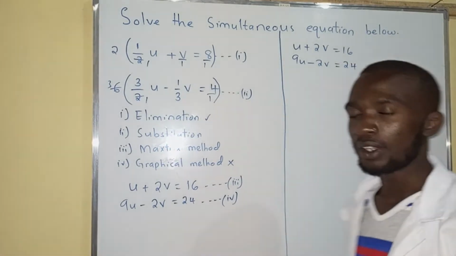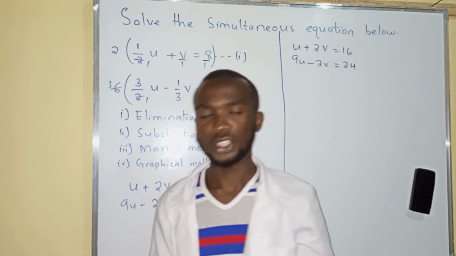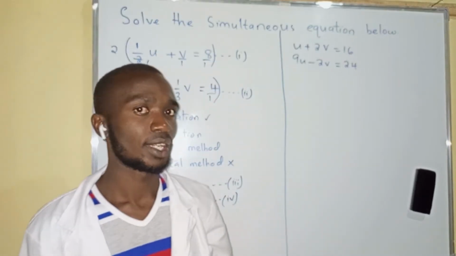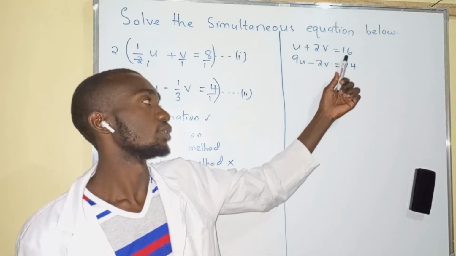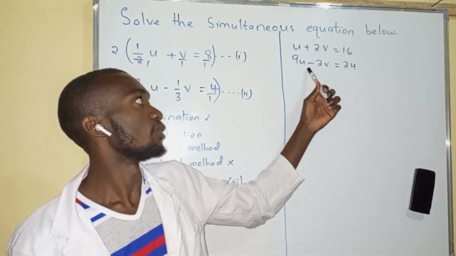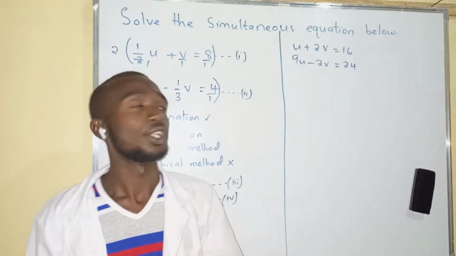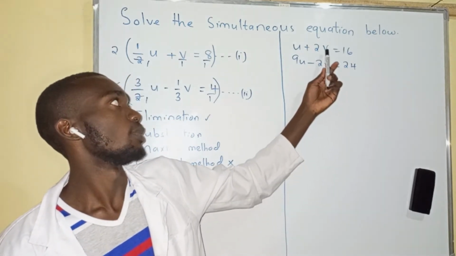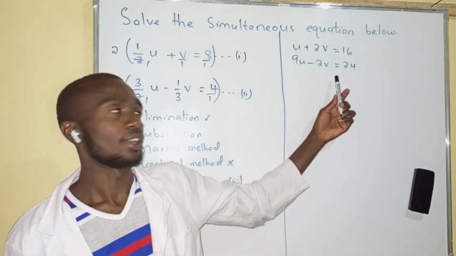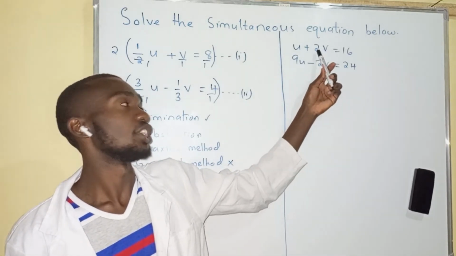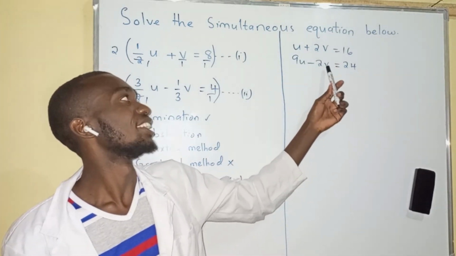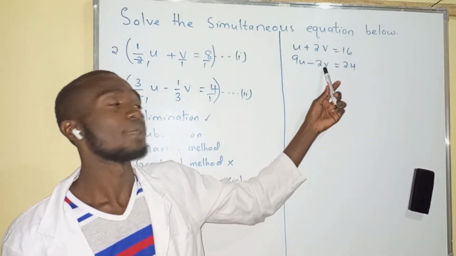Now I can choose to eliminate either u or v. With u plus 2v equal to 16 and 9u minus 2v equal to 24, the easiest one to eliminate is v. Why? Because the coefficient of v in the third equation is plus 2, and in the fourth equation it is minus 2.